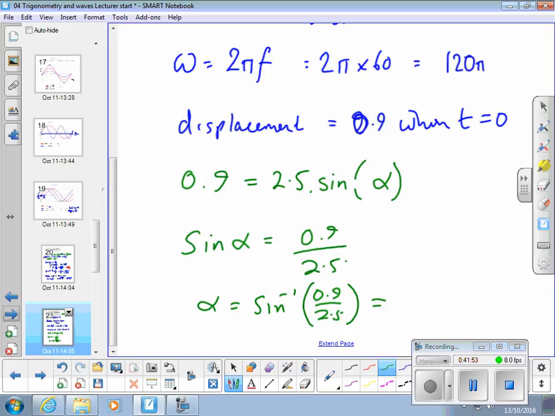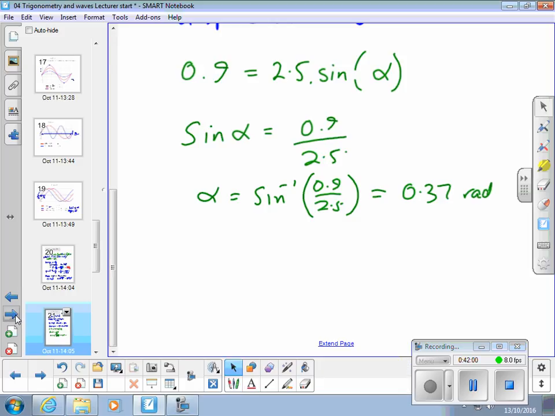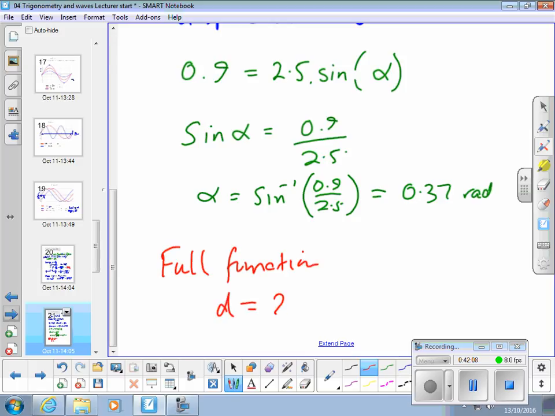Yeah, I'll go with that. So the full formula or function is displacement equals 2.5 sine of 120 pi t plus 0.37.